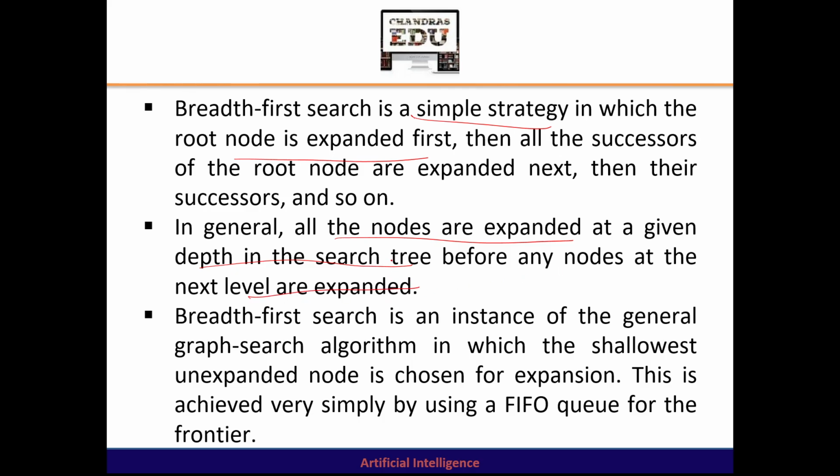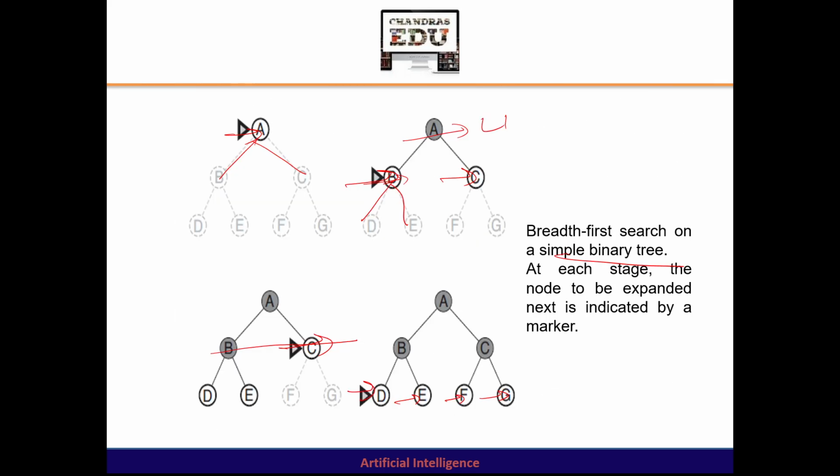As we discussed in the binary tree example, we have two elements, B and C, in level 2. Whenever B is explored, D and E are expanded, but they will not be explored. Why? Because there is another element C in that level.